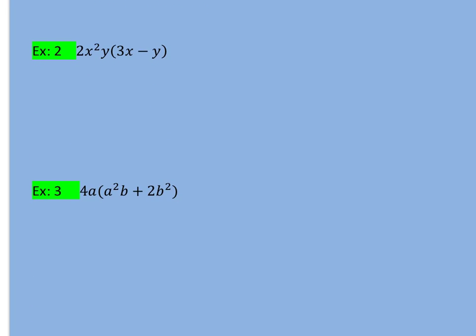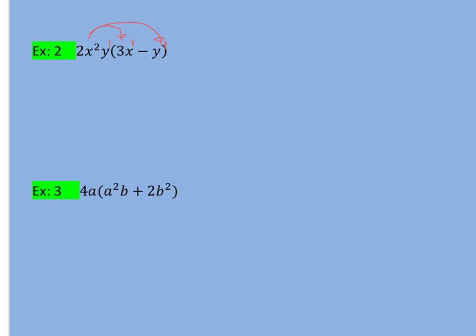Example 2. Again, we're going to use that distributive property and multiply the 2x squared y to everything inside the parentheses. Now this monomial is a lot more complicated than the previous one, so it's very important that you remember coefficients to coefficients, like bases to like bases. And I want to point out that this y here has an exponent of 1, this y here is an exponent of 1, and that x has an exponent of 1.